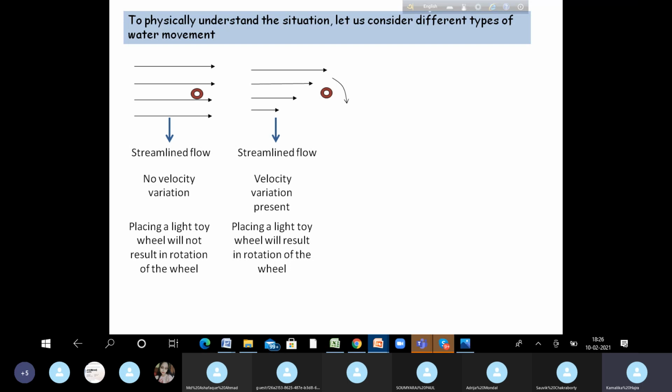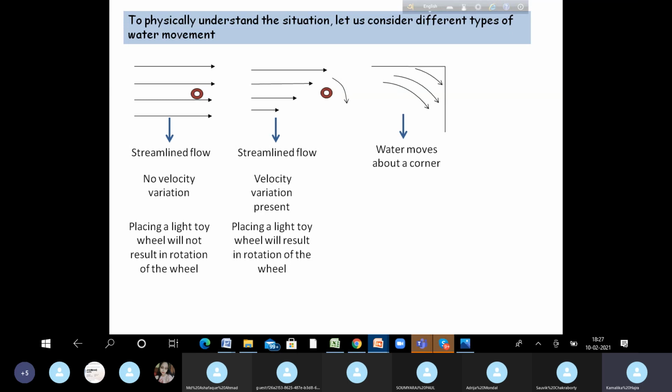Now we consider a third case where motion is no longer in a straight line, but the water is moving around a corner. So suppose there was a pipe like this, it came in, and then there was a corner so that it had to bend around the corner. So obviously there is a variation in velocity in all the layers of water that are moving around this corner.